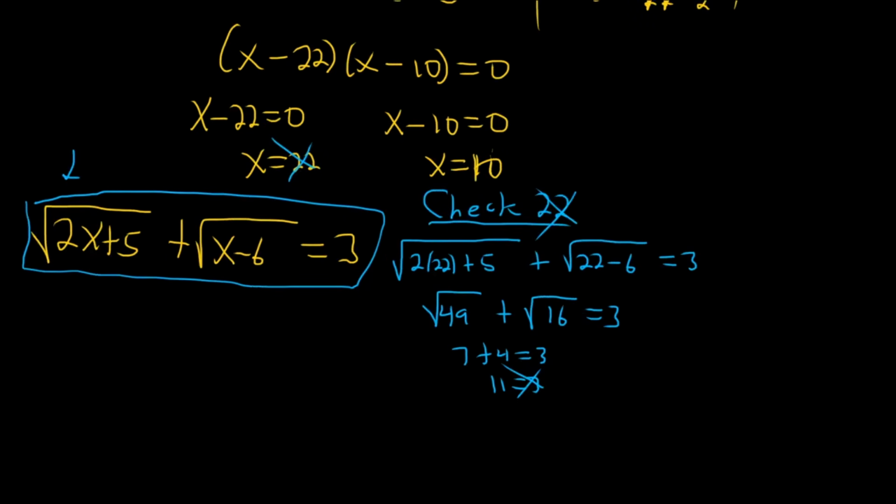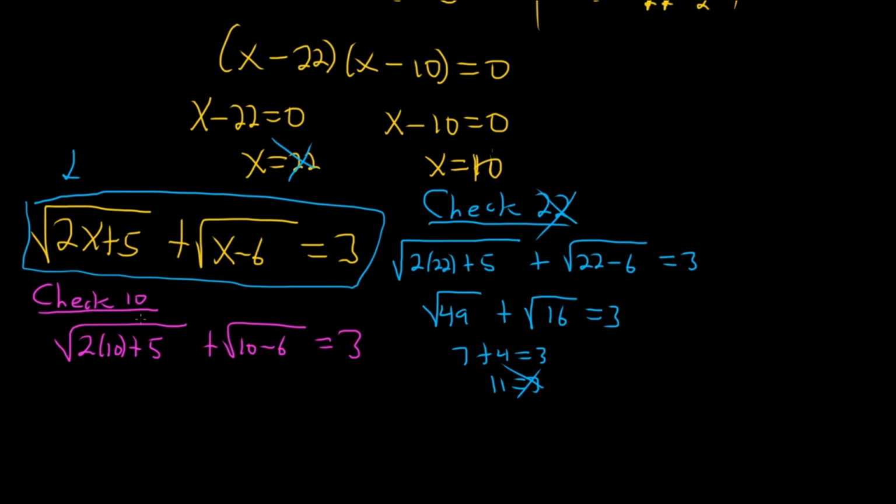Let's check 10. So plugging in 10 now. Square root of 2 times 10 plus 5, plus the square root of 10 minus 6. This is a long problem. When people learn this, it's typically one of the longest problems they do in whatever class they're taking.